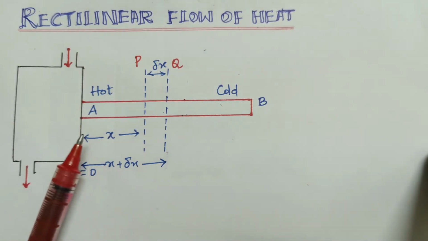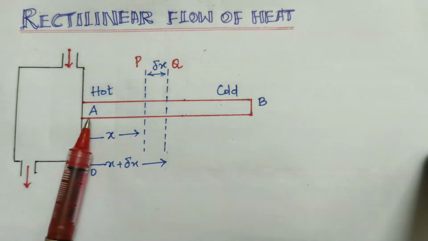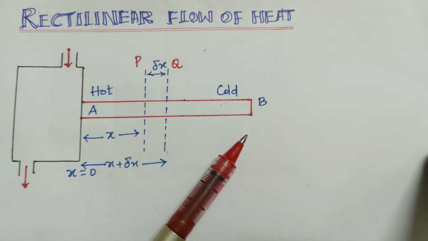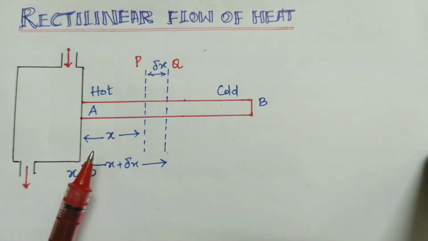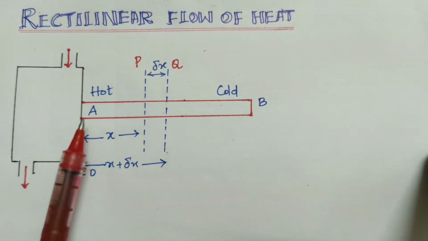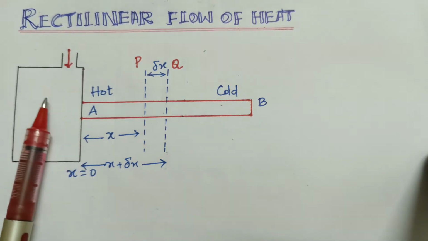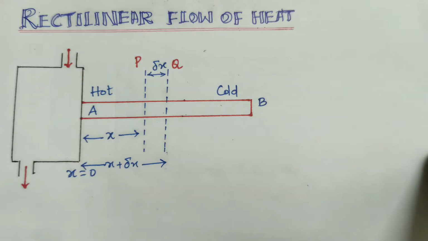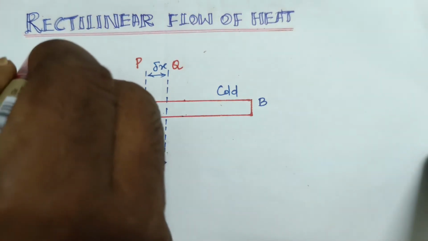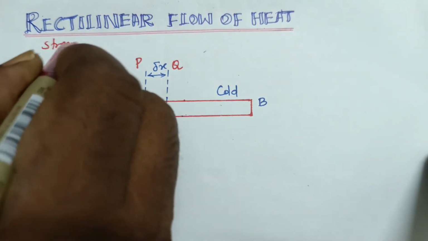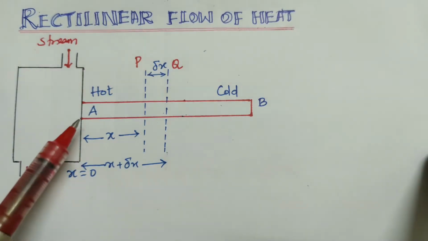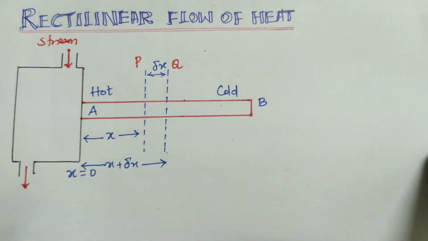Now let us consider a long rod A and B of uniform cross section. The rod is heated at one end, that is in a steam chamber, where steam is injected. Now the heat flows from hot end to cold end.